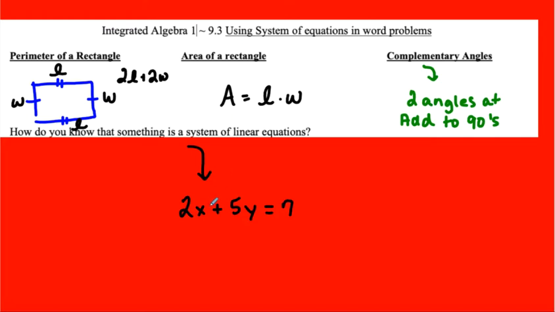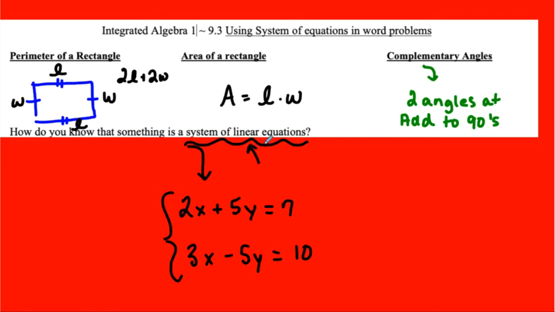Because this equation has 2 variables, in order to get answers for it, you'd need another equation. So how do I know I have a system? I end up having 2 equations, maybe something like this, with 2 variables. The second equation could have 1 variable, but I tend to look for 2 equations with 2 variables, then I know it's a system of linear equations.